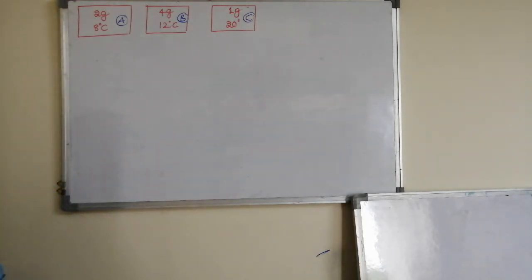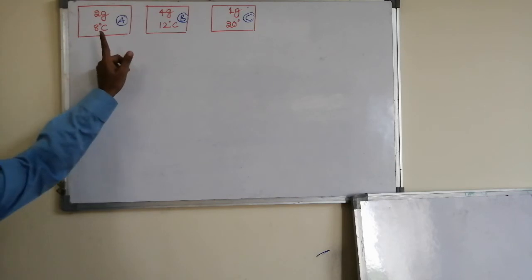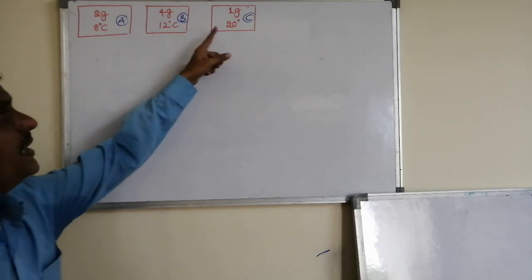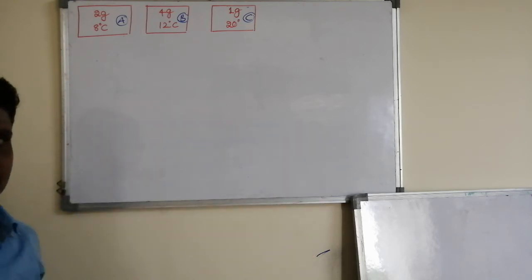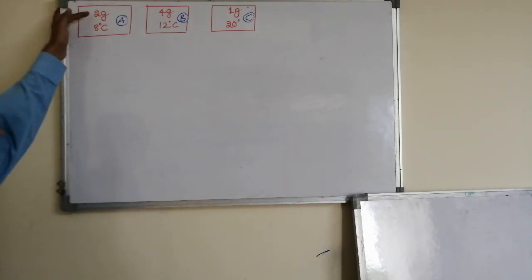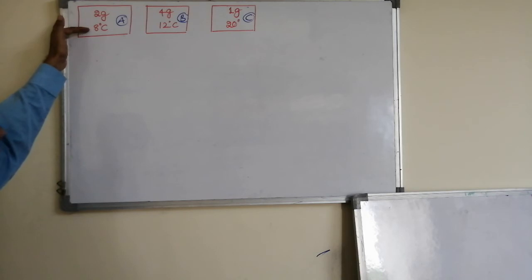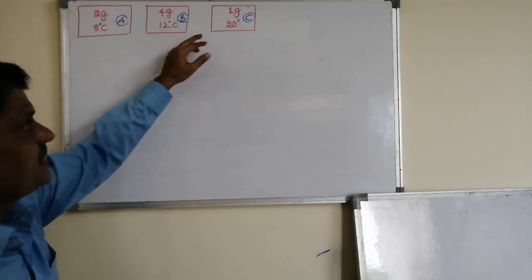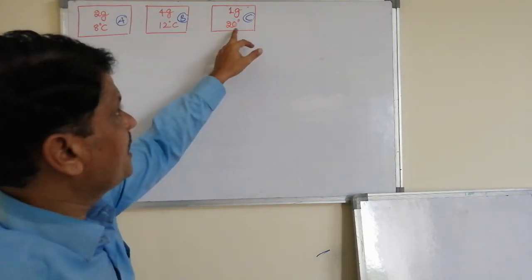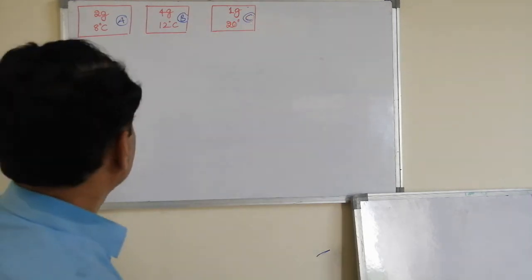Okay, I repeat the problem. We have 3 liquids A, B and C of different specific heat. Let A is having 2 gram at 8 degrees Celsius. B is 4 gram at 12 degrees Celsius. C is 1 gram at 20 degrees Celsius.